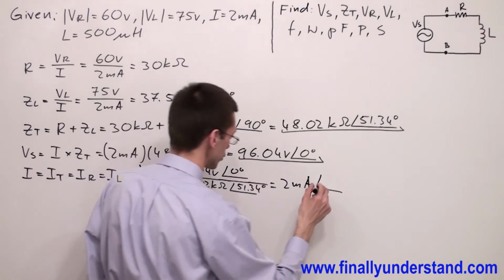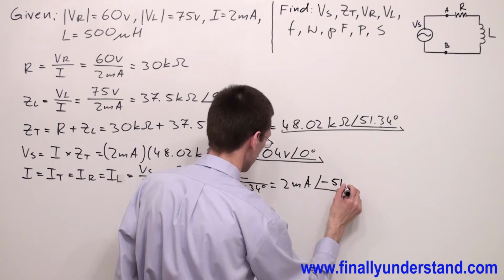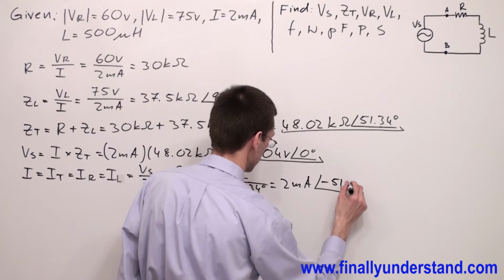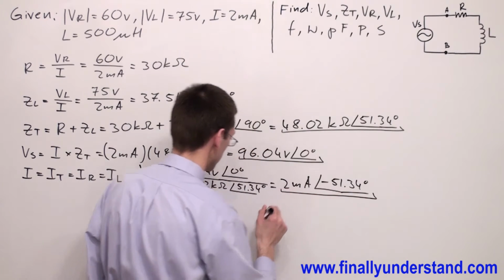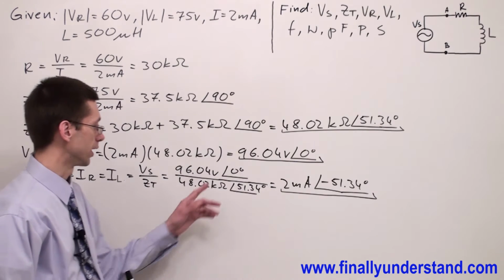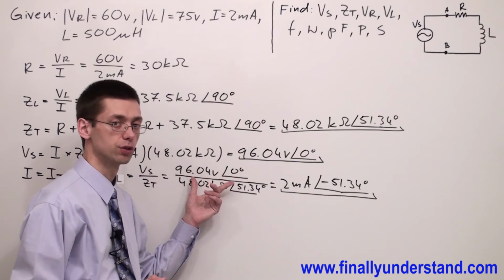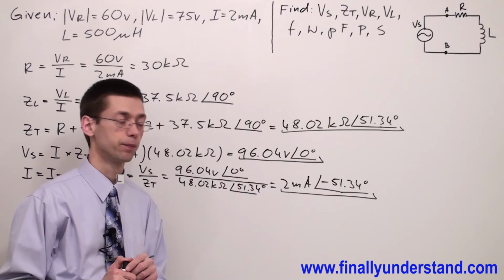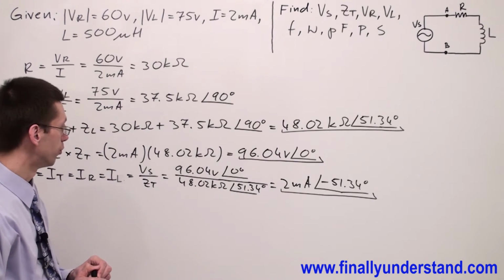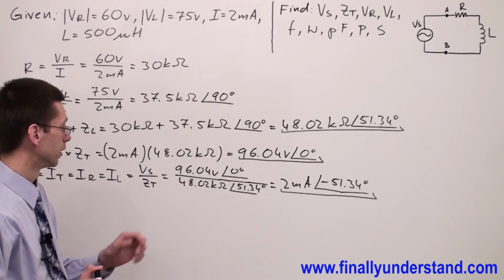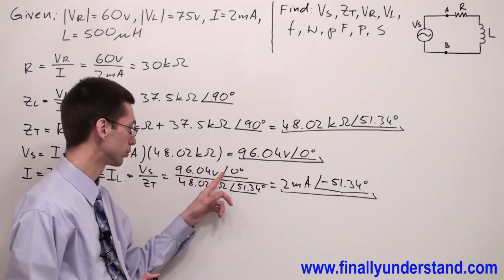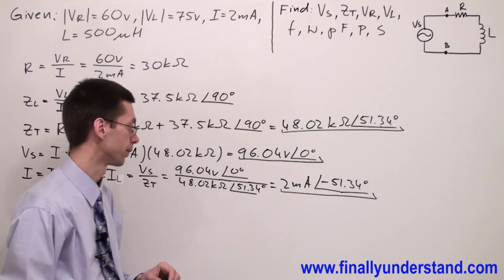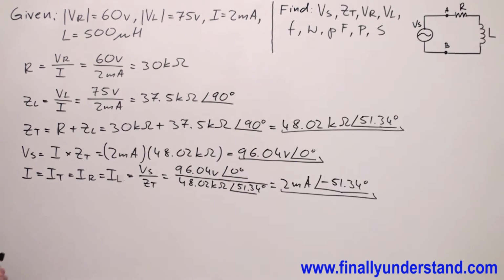Subtract the angles, you're supposed to get negative 51.34 degrees. I'm supposed to subtract the angles because we talk about the division. So anytime you divide two polar forms, right? Two complex numbers expressed in polar form, you're supposed to divide the magnitudes and subtract the angles. That's why I said subtract the angles. So I found the current.